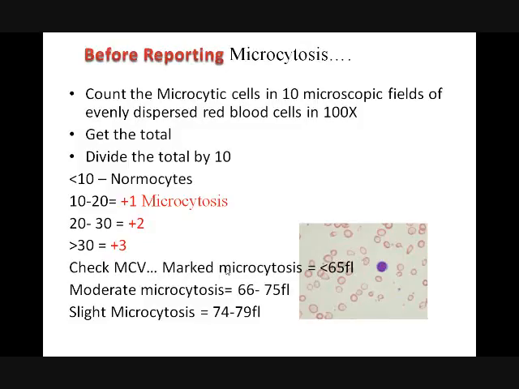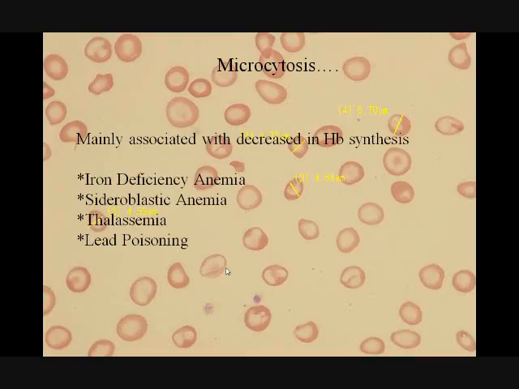For slight microcytosis, you would expect to see an MCV of between 74 and 80 femtoliters. When we see microcytic cells, we want to think about the diseases that can cause this. It's mainly associated with decreased hemoglobin synthesis. We see this in such anemias as iron deficiency anemia, sideroblastic anemia, thalassemia, and lead poisoning.